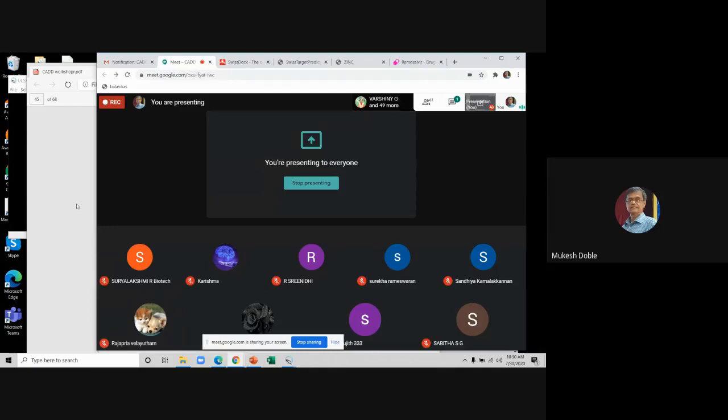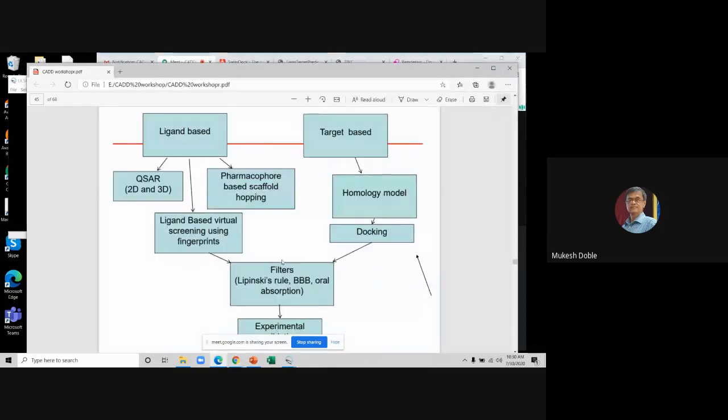Good morning, everyone. Today we will talk about the target-based design. Past 2 days we looked at the ligand-based design, that's the drug which goes and binds to the target. We looked at quantitative structure-activity relationship, that is how we develop a mathematical relation between the structural features or structural descriptors with the activity.